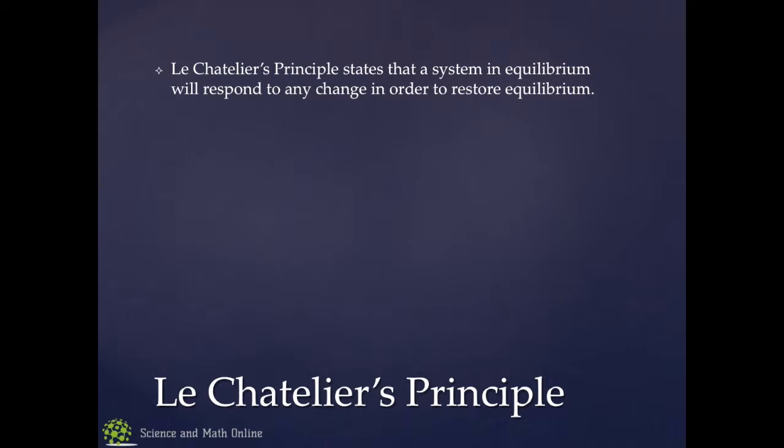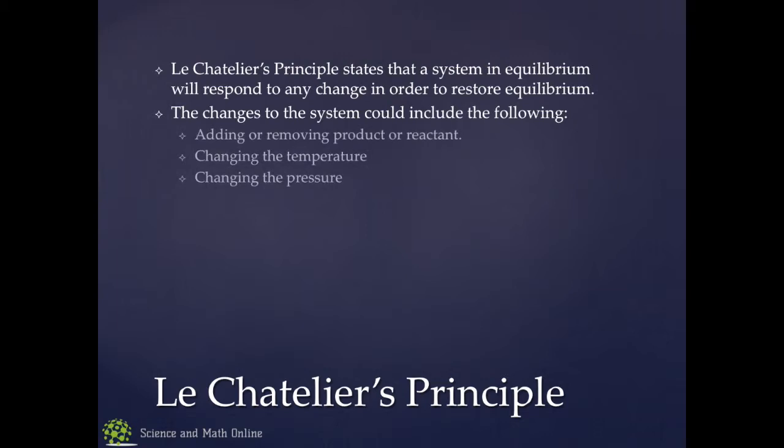Nature likes balance. Nature likes things to balance each other out. So you could do one of the following things to a system to change it. You could add or remove some of the chemicals, whether from the product side or the reactant side. You can change the temperature, or you can change the pressure.